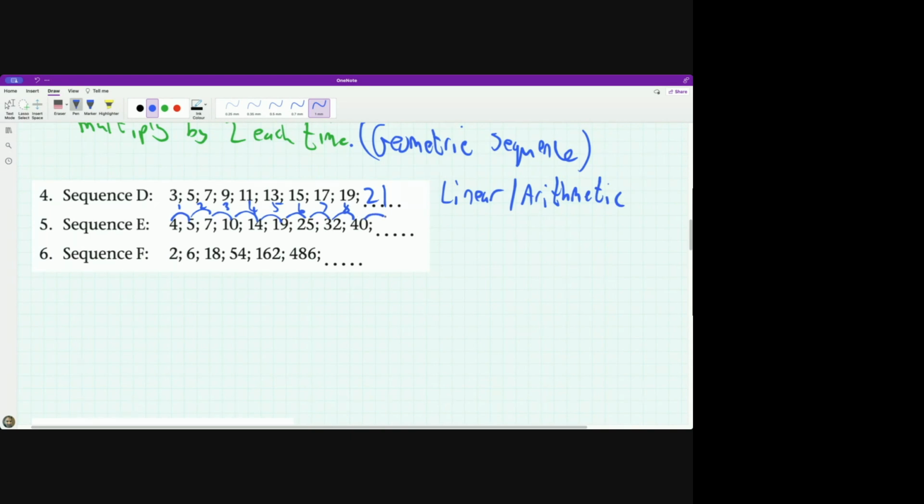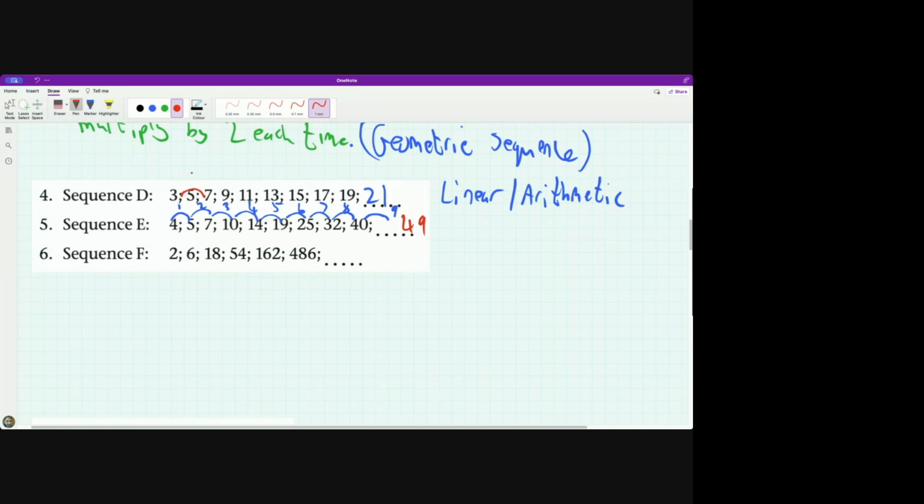I kind of know that this is going to go up by 9. So what's my next one going to be for sequence E? So if I'm going up by 8, then this must go up by 9. It's 49.